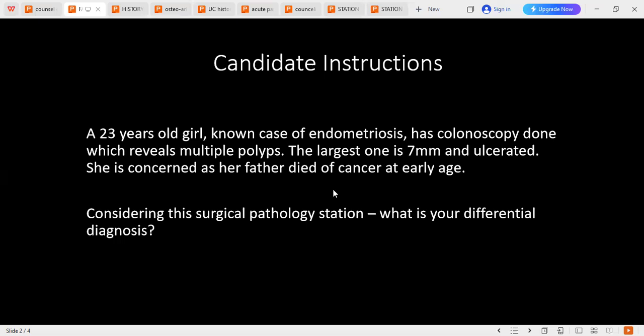Villous adenoma has a 40% chance of carcinoma, followed by tubulovillous and tubular. The malignant potential of adenomas depends on certain factors: the type of adenoma, villous being the more frequent cause of carcinoma; the diameter, less than 1 centimeter with 5% chance of malignancy, more than 2 centimeters with 20% chance; and the degree of dysplasia.